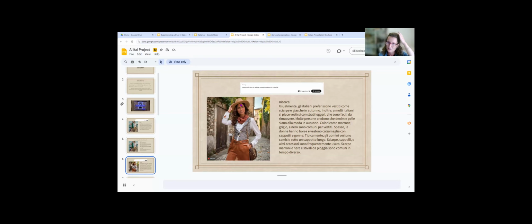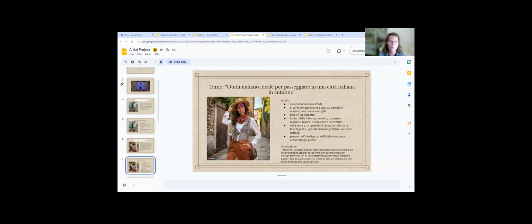And so culturally, the students thought that it was not culturally appropriate in terms of the pieces of clothing that the woman is wearing. But the colors are for sure matched with the season: the gray, the hat, the brown. And this is what they are discussing in Italian in this slide, right?